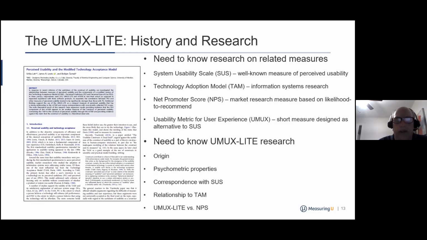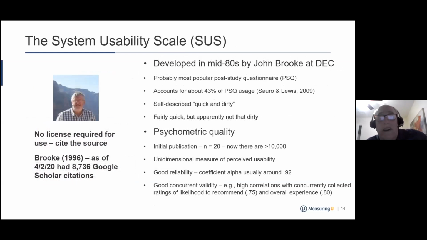When we get to the UMUX-LITE, I'll go a little bit into its origins, its properties, its correspondence with the SUS, its relationship to the technology acceptance model, and the role that it can play relative to Net Promoter Scores, which are somewhat controversial in themselves in the UX world. So let me get started.